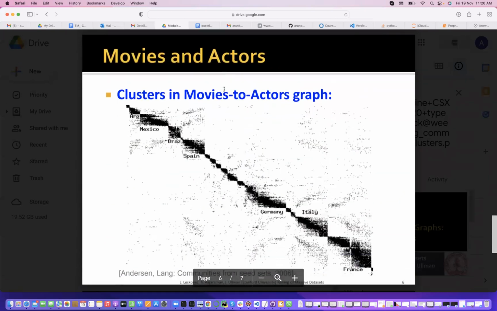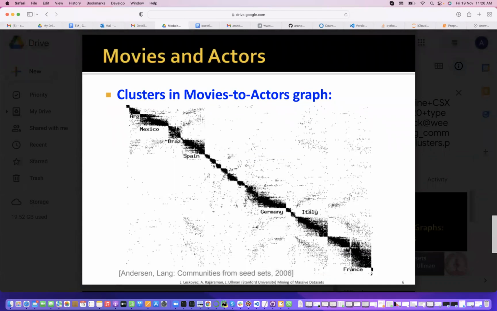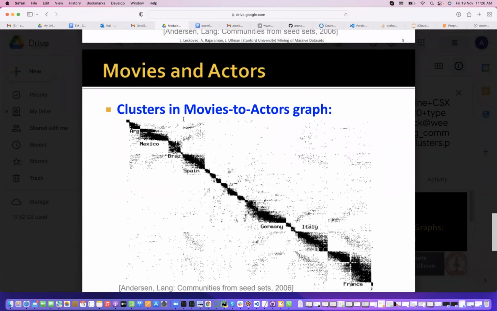This is another example, just for fun. People want to see what type of movies actors are making, in which nations. So movies and actors: maybe Mexican actors are in a particular type of movies. They may be international actors too.